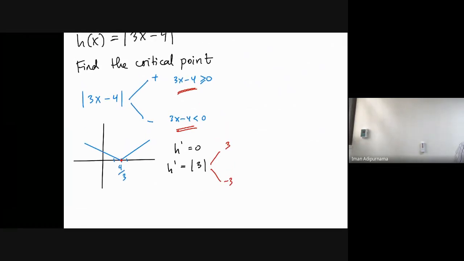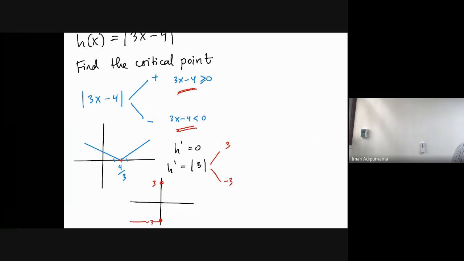And as illustrated in the graph, you will have 3 and -3. But the problem is, it's not a problem, just information.